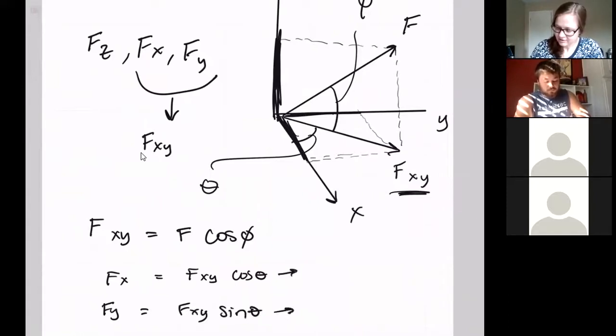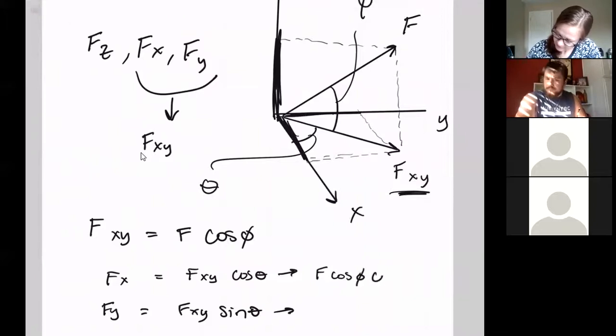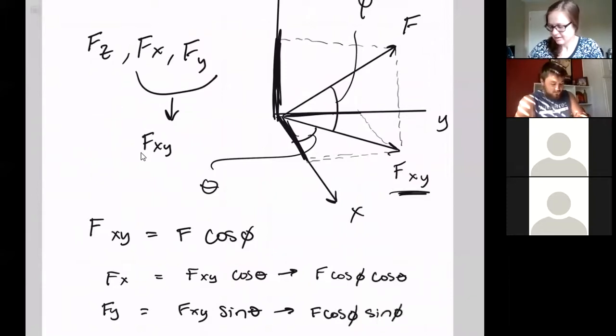Now you can convert these by plugging F of xy in, and you get F cosine of phi cosine theta, F cosine of phi times sine of theta. And these two parts are the same because it is just the force in the xy plane.